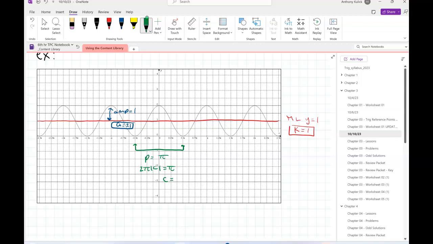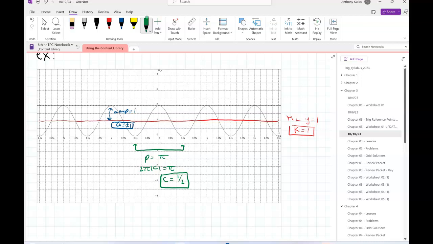If I divide both sides by 2 pi, I have 1 pi over 2 pi, which simplifies down to a half, right? 1/2. And we're always going to choose the c to be positive, so I'm not even going to write the plus or minus. I'm just choosing it to be positive straight away here. Everybody's okay? Yes, sir. That's how you calculate a period from an equation.